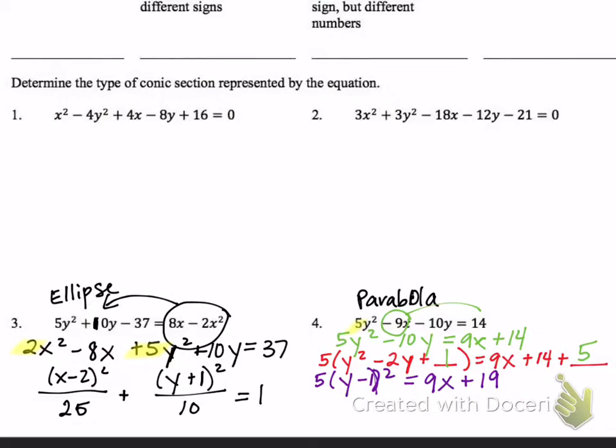For now, if this were on your homework, I would say you could leave it like this. But one step further, and we'll do this the next time, is if I pulled out a 9, x plus, and so then I have 5 times y minus 1 squared equals 9 times x plus 19 over 9.